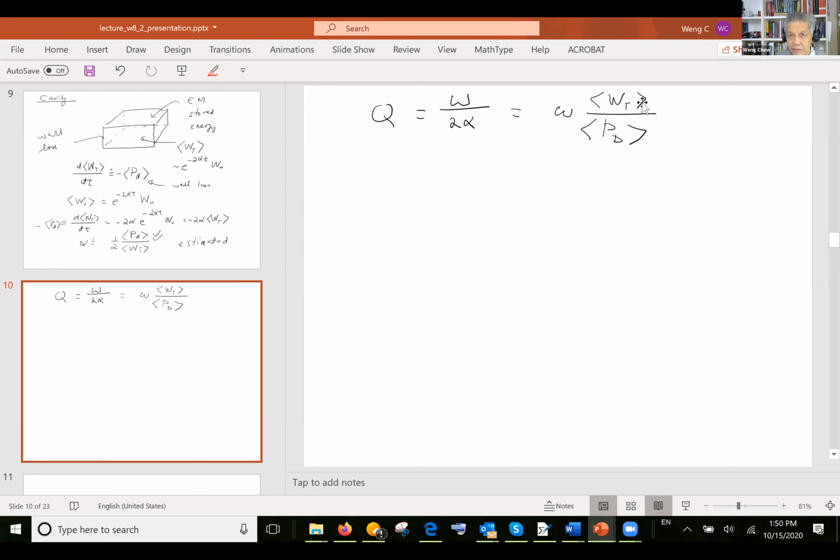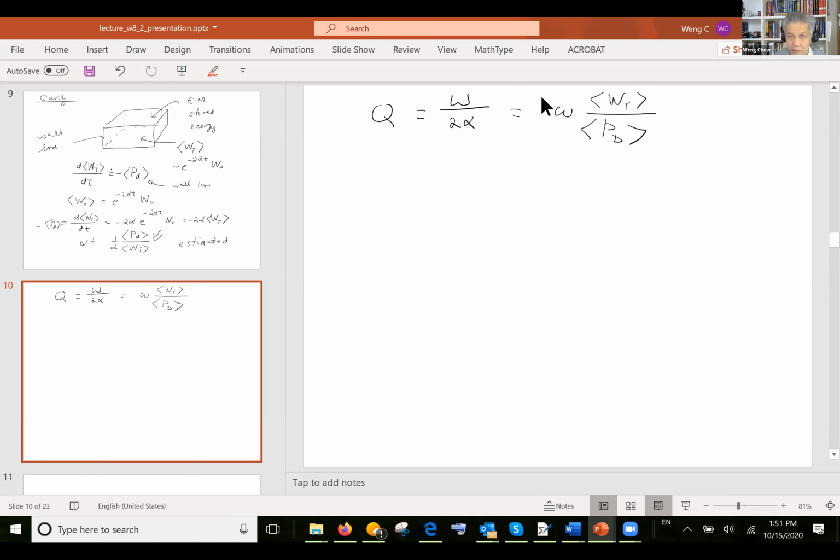Okay, so the more stored energy a cavity has, the higher the Q. The smaller the power dissipation, the higher the Q, and also the higher the operating frequency, the higher the Q. So in optics, you can have Qs of a few millions, whereas in microwave, it's harder to get Q that high.